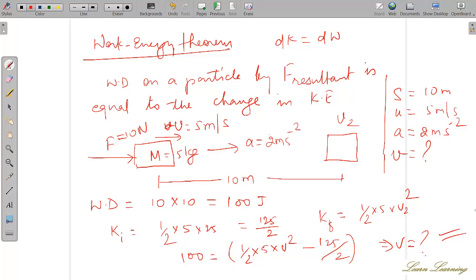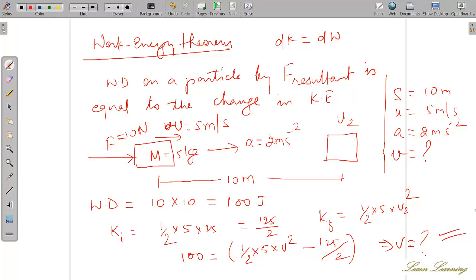So good, that part you have to mark, that is called the work energy theorem. That is your first part. Now the second thing you can mark is just below that: thus the work done by the resultant force is equal to the sum of the work done by the individual forces.